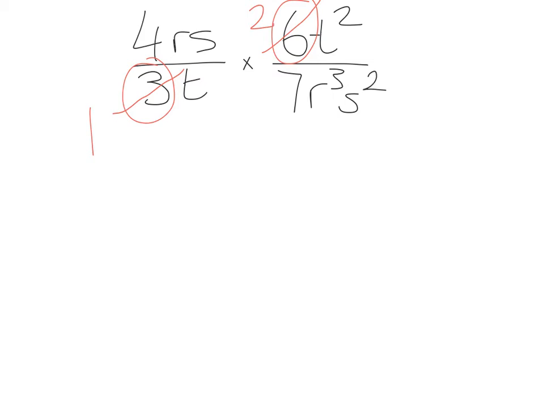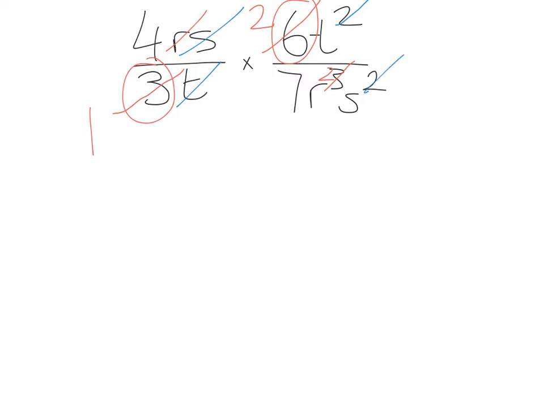Okay, now I'm going to look at my algebraic terms. t will cancel with this t squared to leave just t. And then now we're going to look at rs. r here will cancel the cube term down here and drop it down to a squared. And the s term here will cancel the squared term here.